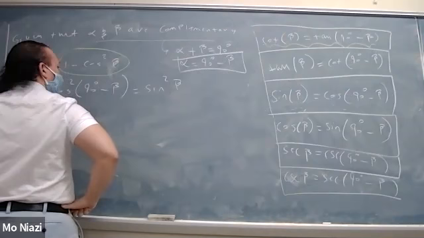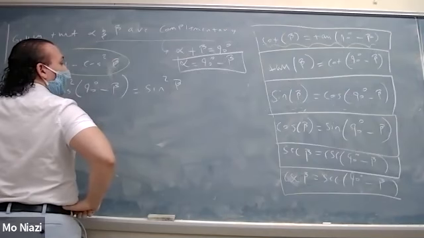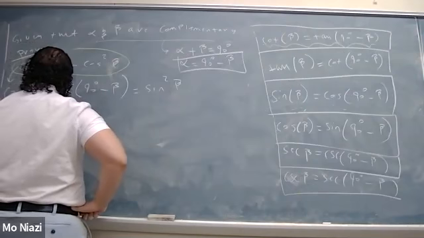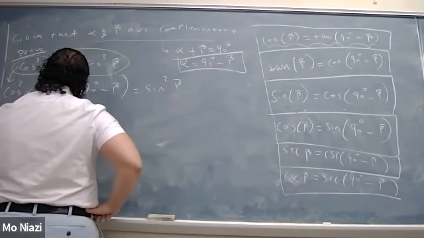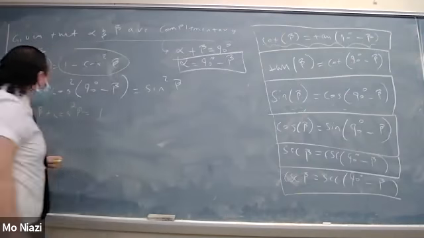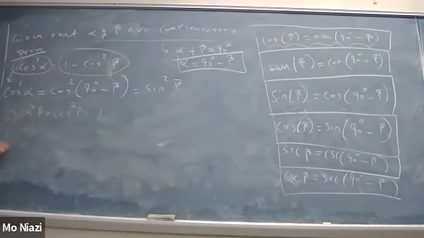That's a wonderful idea. Sine squared beta plus cosine squared beta should equal 1, right?